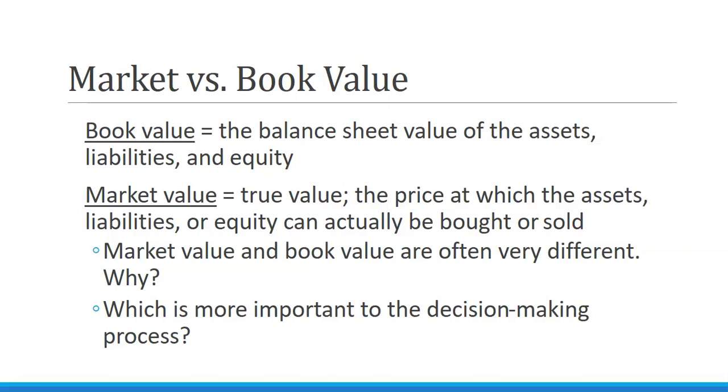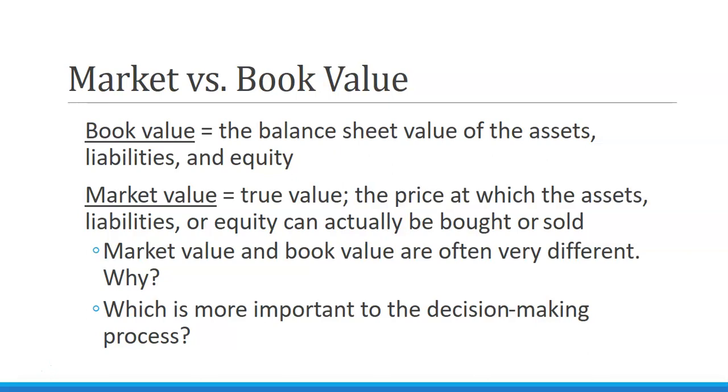The historic cost does not always indicate what the market value is. They're often very different. The market value is the true value of a corporation, or the price at which the assets, liabilities, or equity can actually be bought or sold within the marketplace.